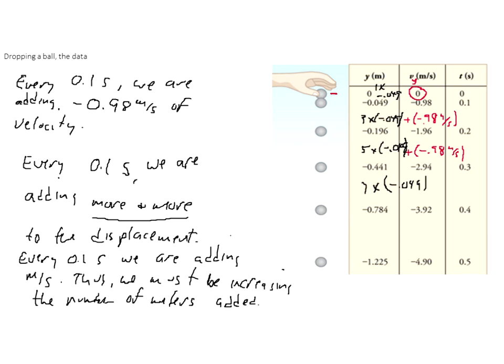So I have a question then. So that's just sort of conceptually looking at the numbers. So my question is, what would the graphs be?